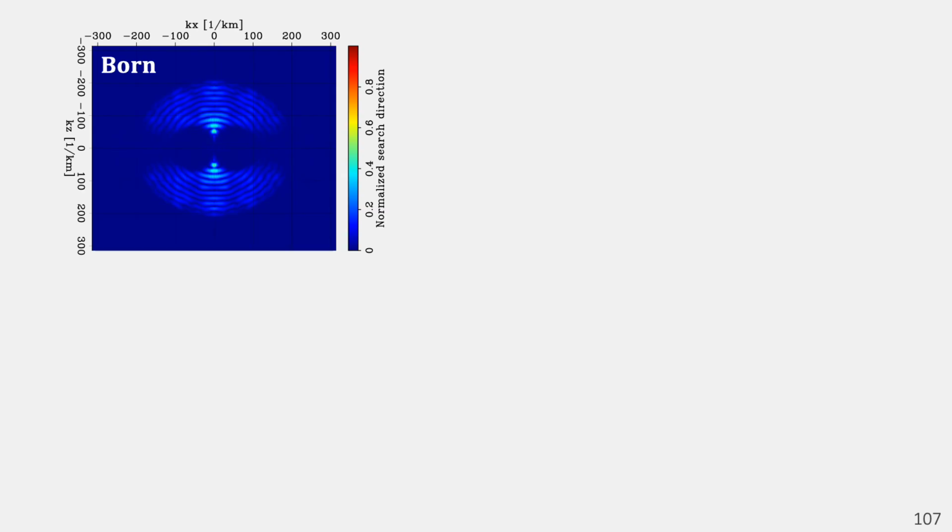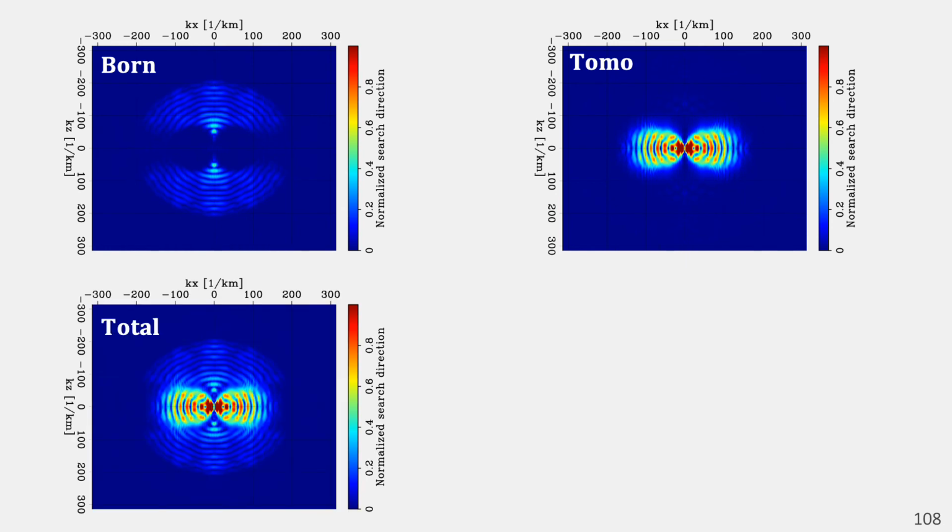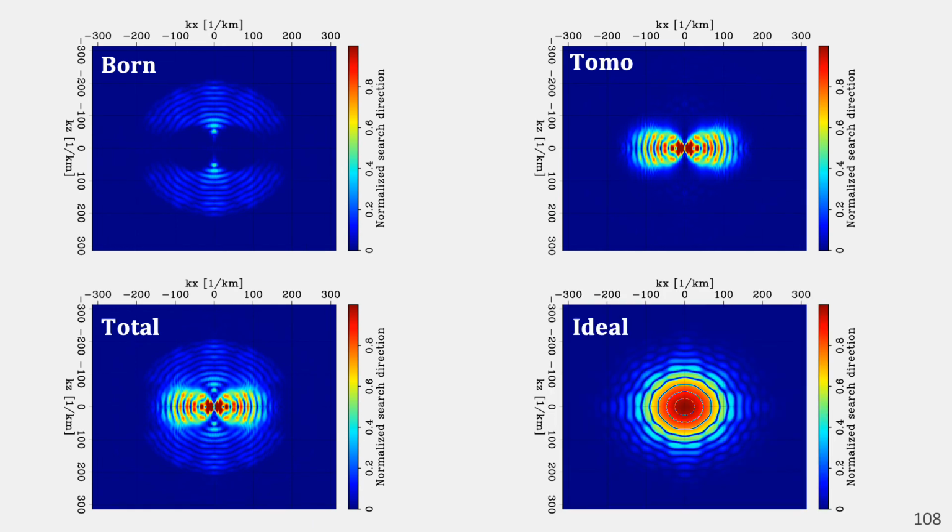And if we now compare the FWME Born search direction with the FWME tomographic search direction, we can clearly see the benefit of this additional component, as it allows us to recover the low wave number components that the Born cannot. The total FWME first search direction is the sum of the two panels on the first row and is shown on the bottom left panel of the screen. And by comparing this panel with the ideal update, we can see that the first search direction seems promising.